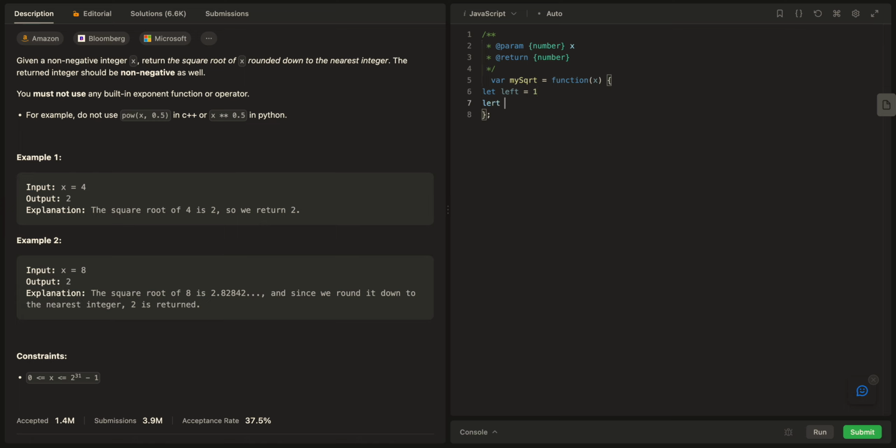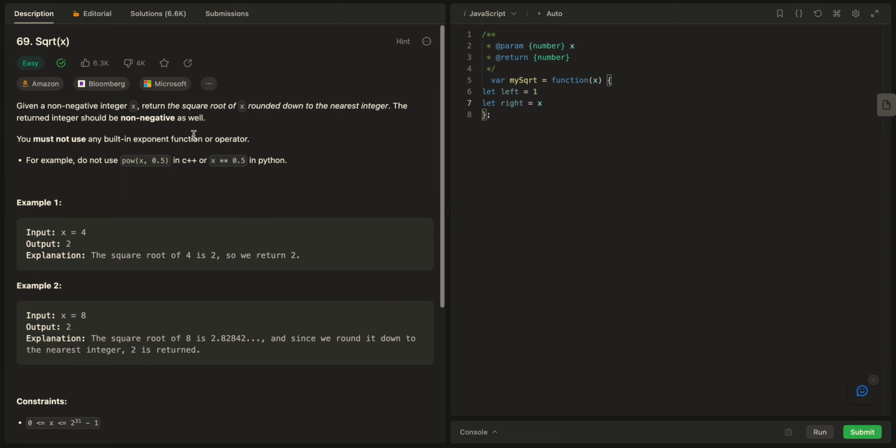I could say let right equals x, but because the rounded root is always less than half of x, it will be Math.floor of x divided by 2 plus 1.